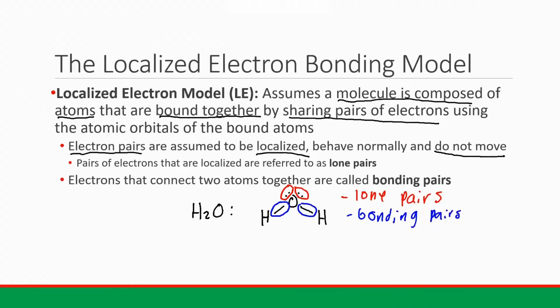Regardless of whether we're working with lone pairs or bonding pairs, at the end of the day, each one of these is comprised of 2 electrons. So the lone pairs that you see right here are both comprised of 2 electrons. The bonding pairs that you see here, each individual one is comprised of 2 electrons.